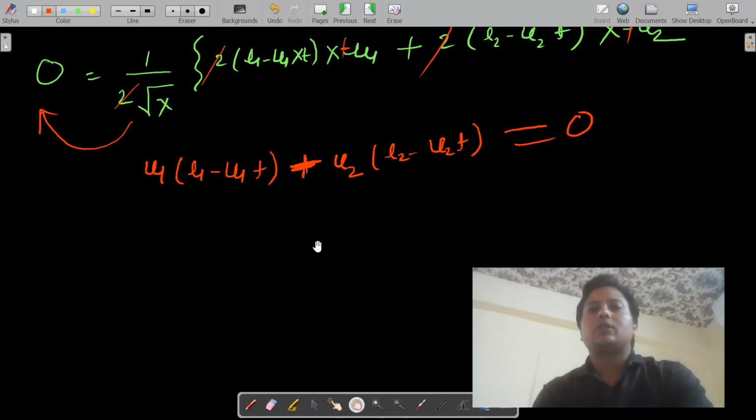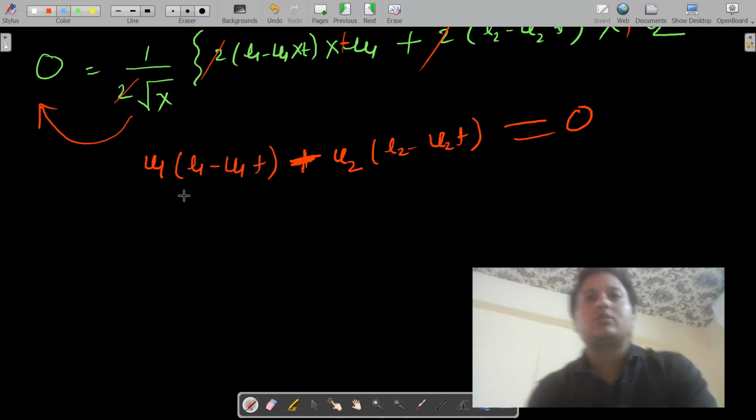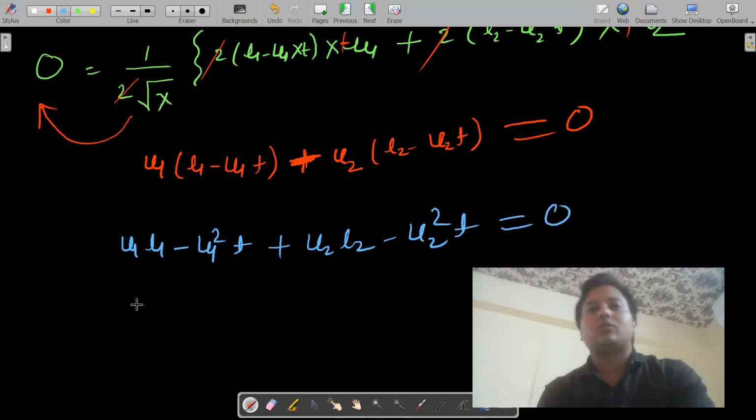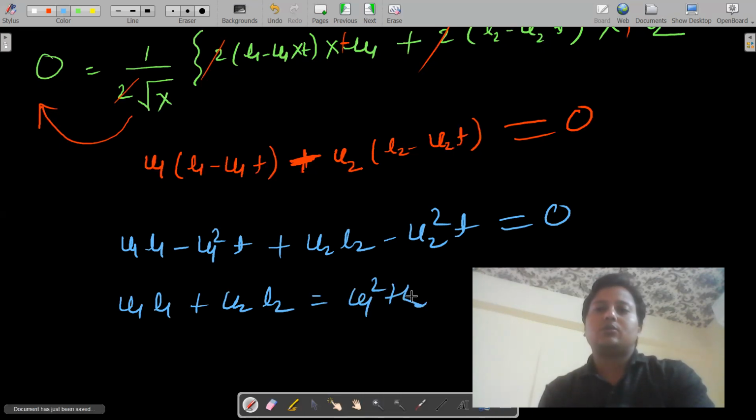We have to calculate time because time is the unknown. So u1L1 minus u1 square t plus u2L2 minus u2 square t equals 0. So u1L1 plus u2L2 equals (u1 square plus u2 square) into t.